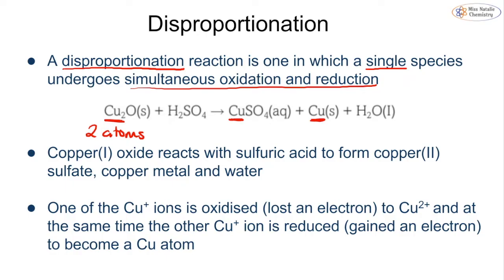Now, what's actually happening here is one of these copper 1 ions that is present in copper oxide is being oxidized to copper 2 because it is losing an electron. We also make copper metal, or copper atom, and that involves gaining an electron, so this one is being reduced. So we are having the same element being oxidized and reduced in the same reaction. In order for this to happen, we of course need to have two of the atoms or ions that are present.